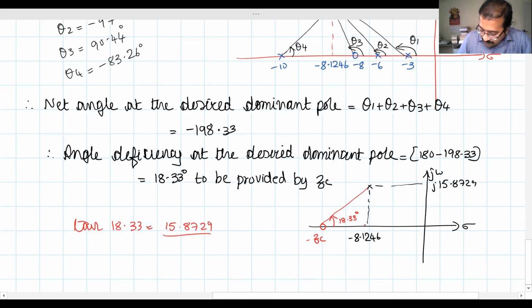Adjacent side means this difference, ZC minus 8.1246. If you solve this, you will get the PD compensator zero ZC as 56.0356.